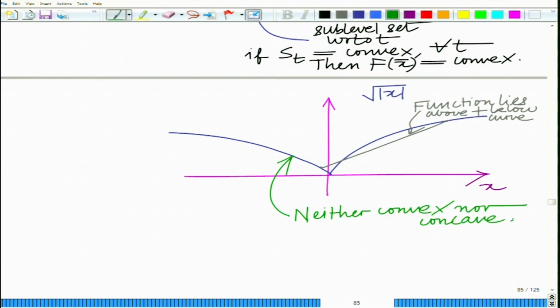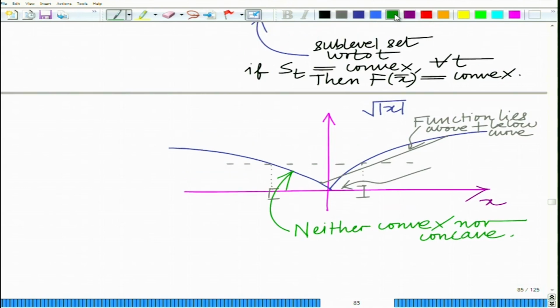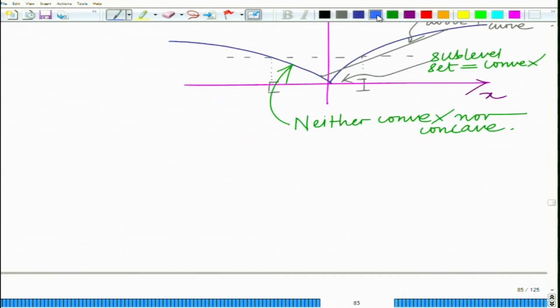However, if you look at the sub level sets, that is if you look at any t, you take all the points such that f of x is less than or equal to t, you look at the sub level set. Now, the sub level set is convex, and you can easily see that.